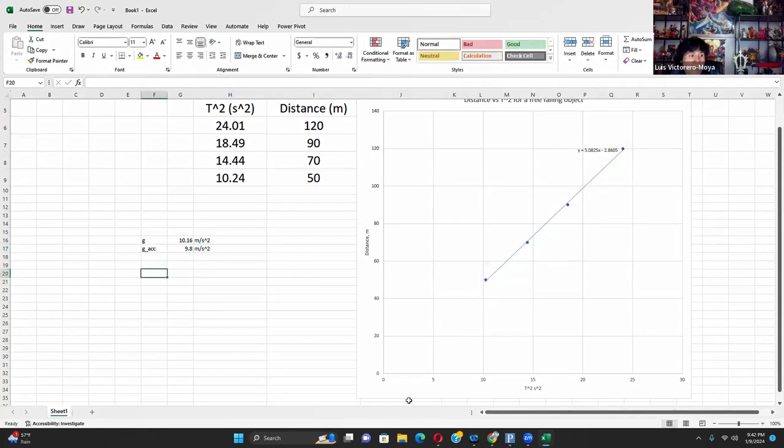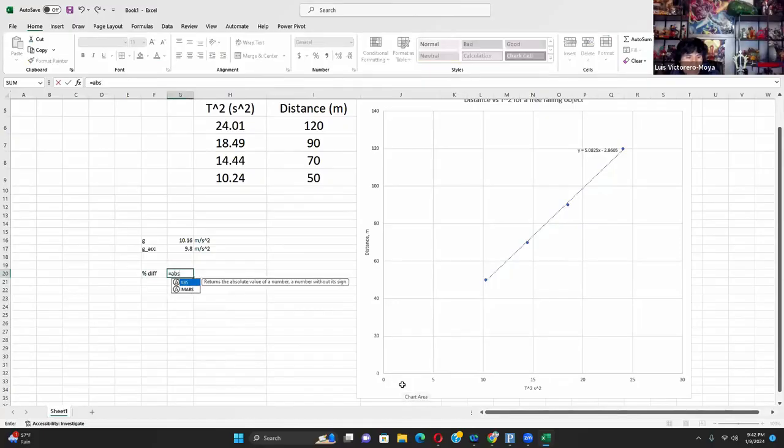So you will do a percentage difference. All right. For the percentage difference, you will do equals ABS, the absolute value of the accepted minus the experimental, all divided by the accepted.